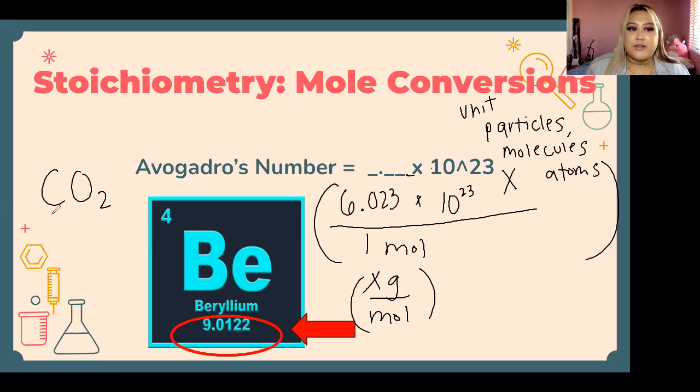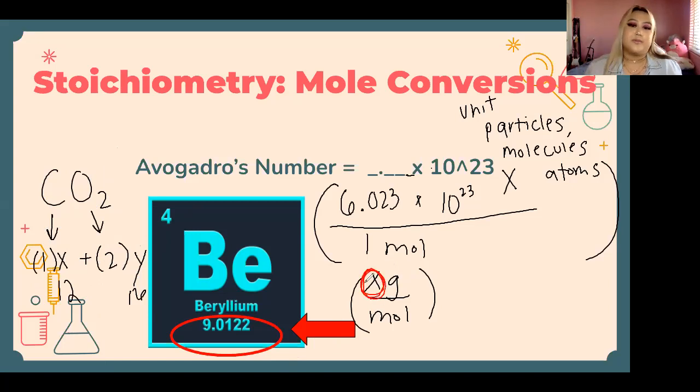So you would add the atomic mass of one carbon, which is 12, and the atomic mass of two oxygens, which is 16 each, add all of them up and put them here. It'll make more sense when we apply them to actual problems.